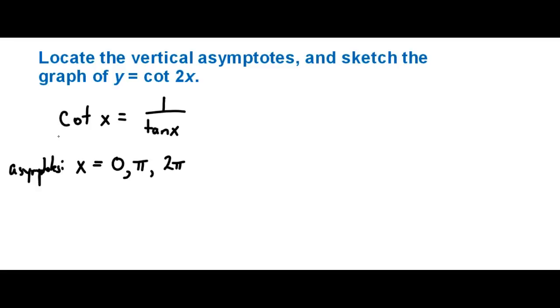And if it's going to be compressed by a factor of 2, that means our period is going to shrink from being pi to now, with cotangent of 2x, we're going to be looking at asymptotes at still 0, because even when you have 2x, you're still going to have an asymptote at 0 whenever cotangent of 2x is undefined.